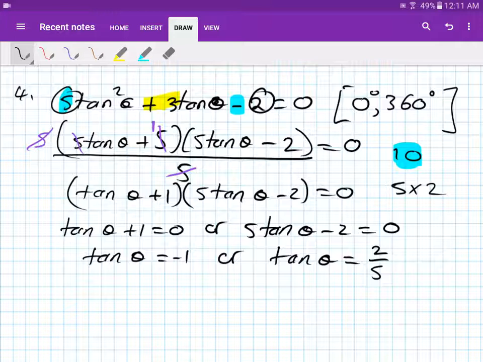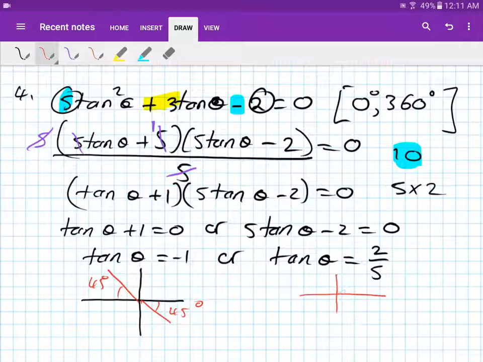Now I need to draw out the diagram. Because tan is negative, I just use different colors, so this negative tan will be this quadrant and this quadrant. And then because inverse tan of 1 is 45, the reference angles between the x-axis and the line are 45, 45. And then this one here, tan is positive, so positive will be this quadrant and this quadrant.